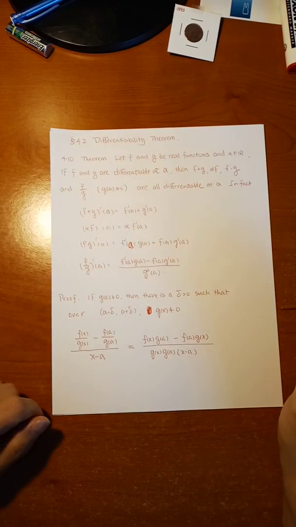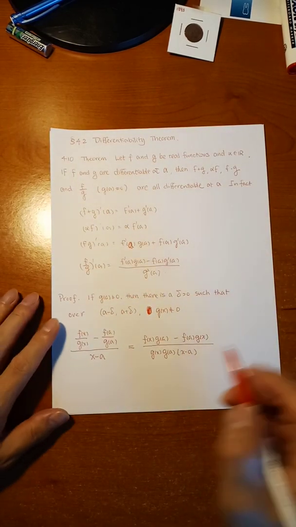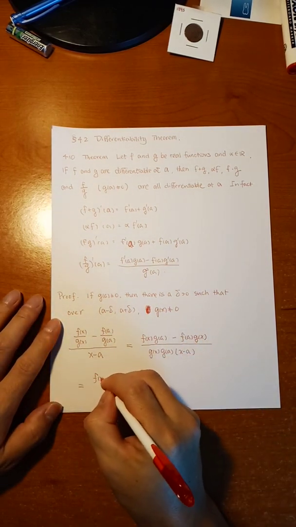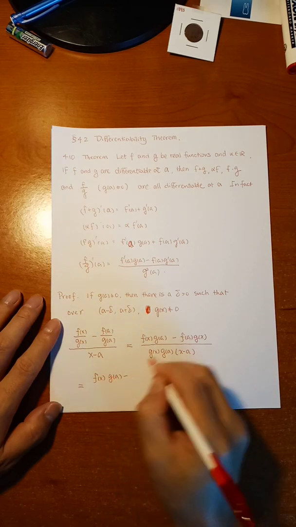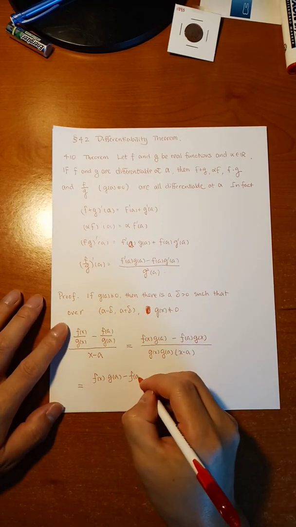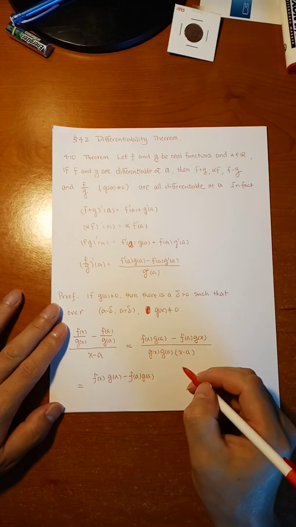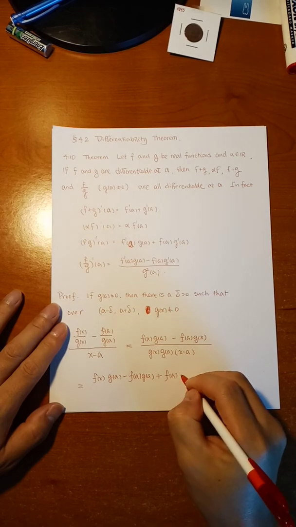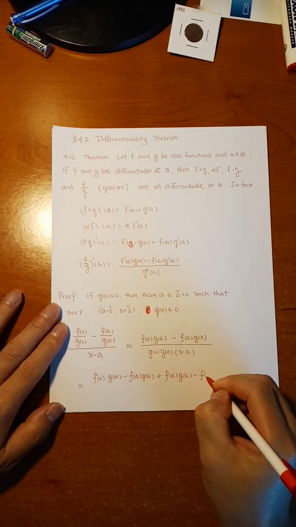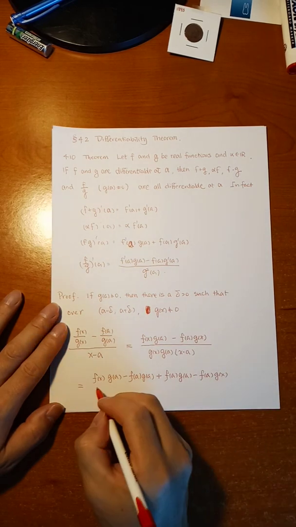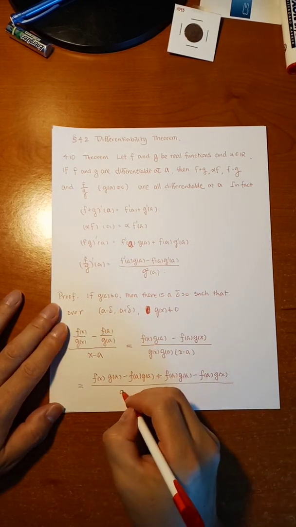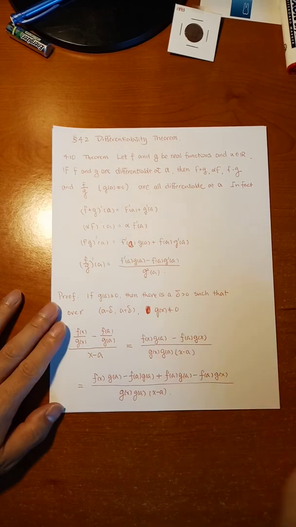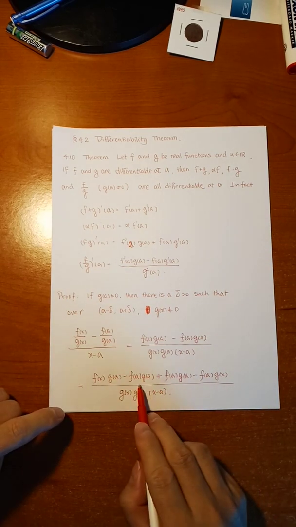Right? And next, we are going to insert: we subtract f of a g of a plus f of a g of a. Minus f of a g of x. Okay, this is a very standard trick in this part. We just insert a minus and plus term.